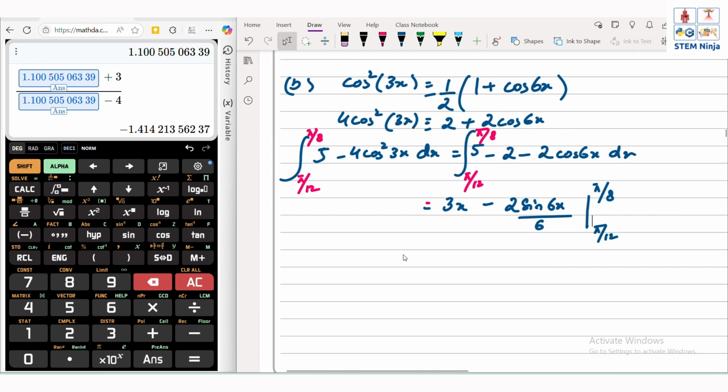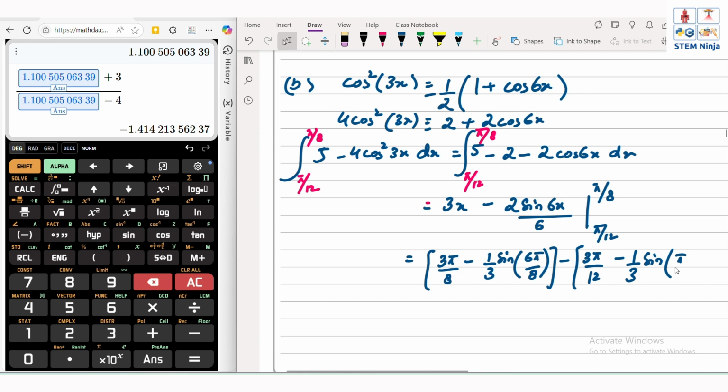Now we plug in the values. So 3 pi by 8 minus 1/3 of sine 6 pi by 8, minus 3 pi by 12 minus 1/3 of sine 6 over 12, which is 1 over 2, so sine pi by 2.